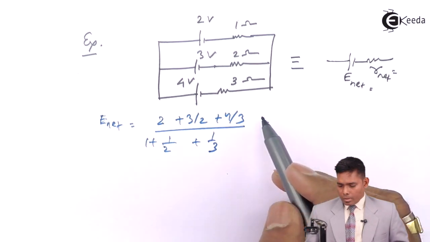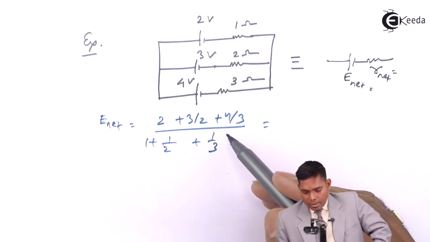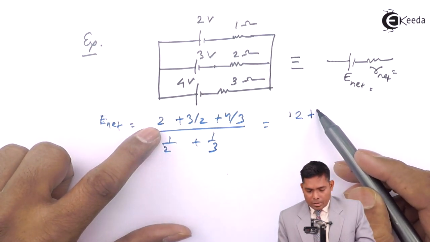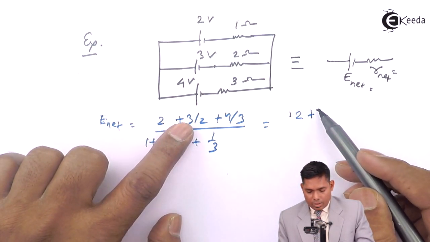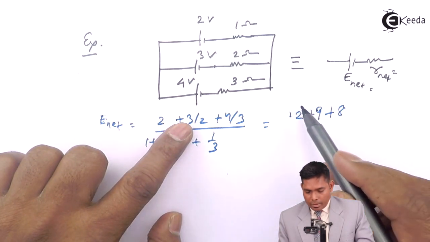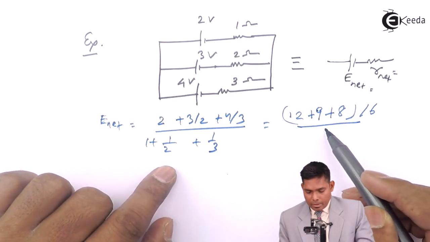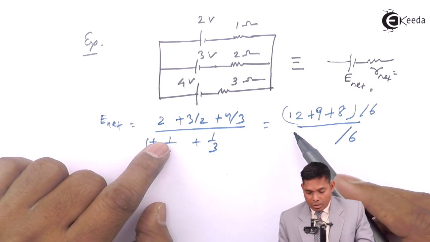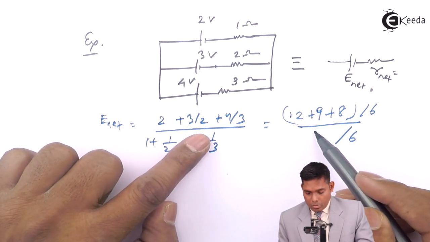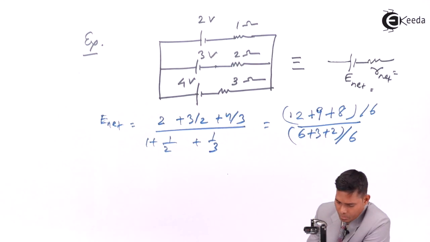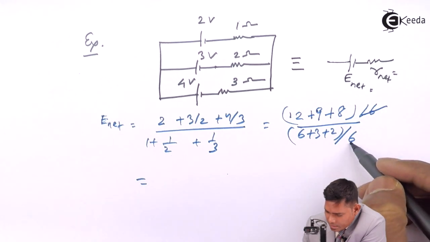If you take 6 as the LCM, then the numerator is 12 plus 9 plus 8 divided by 6, divided by 6 plus 3 plus 2 over 6. The 6 cancels.